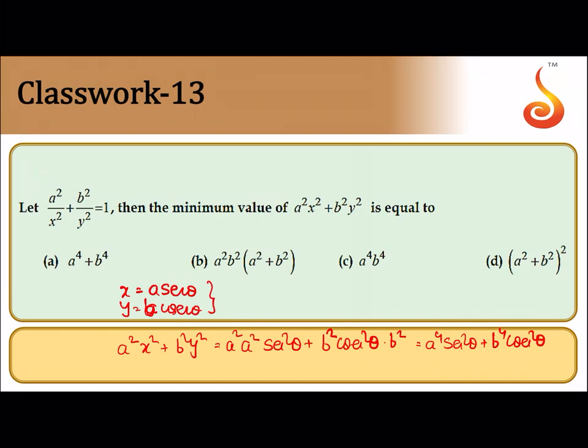Obviously one more a square will be there into b square will be there. So finally we got a to the power 4 secant square theta, b to the power 4 cosecant square theta. If you don't do the substitution, it's very difficult to solve.